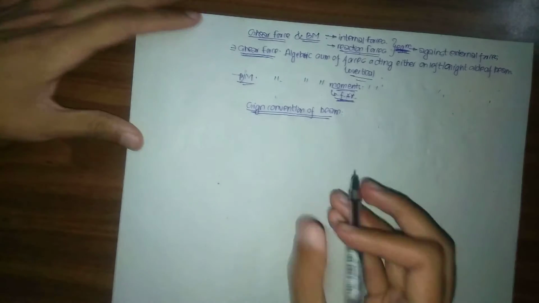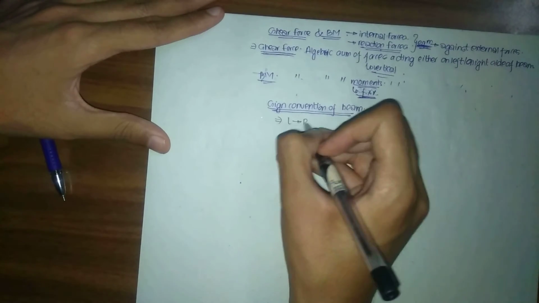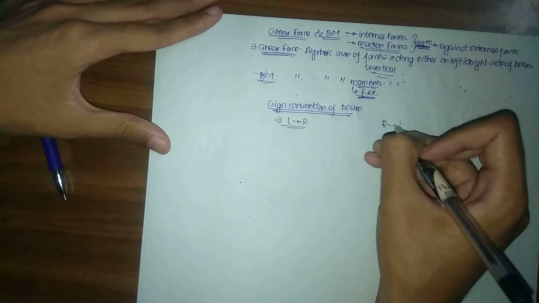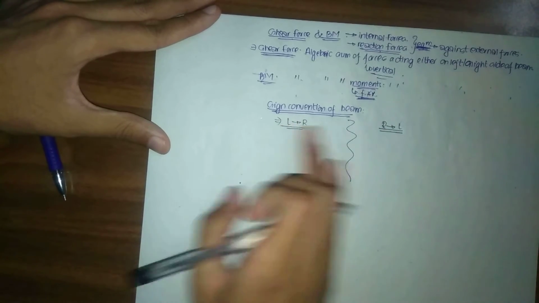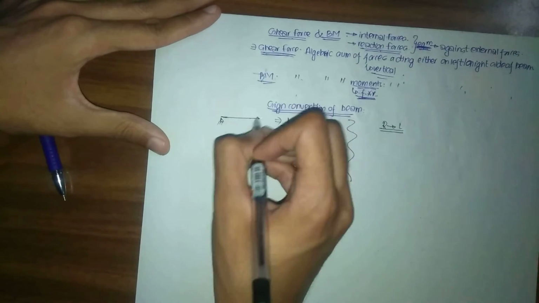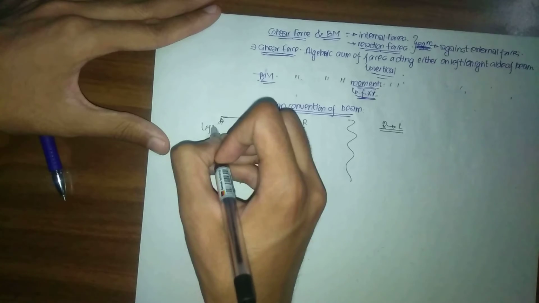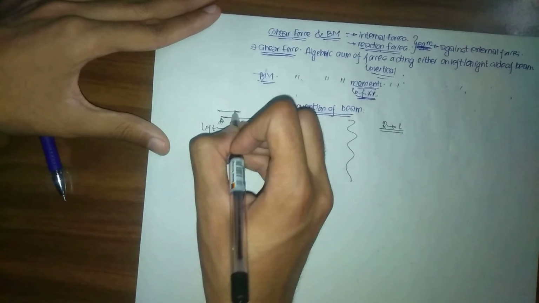In order to know about your sign convention, you need to know whether you are moving from left to right or from right to left of the beam. So let's say this is a beam. If you are moving from left to right, in this direction, you will have a certain sign convention.